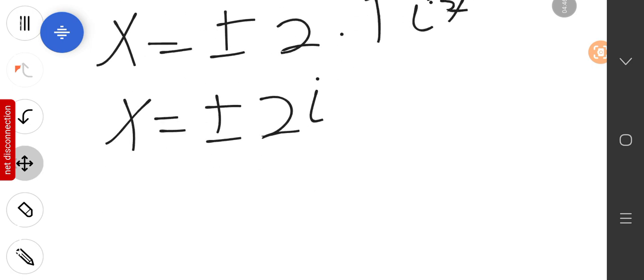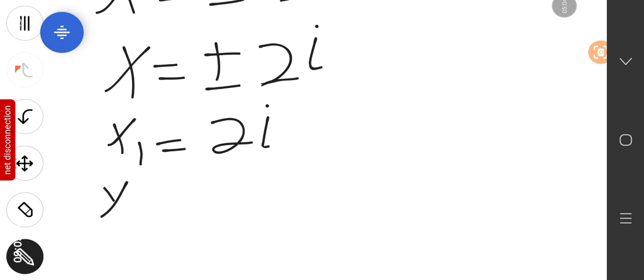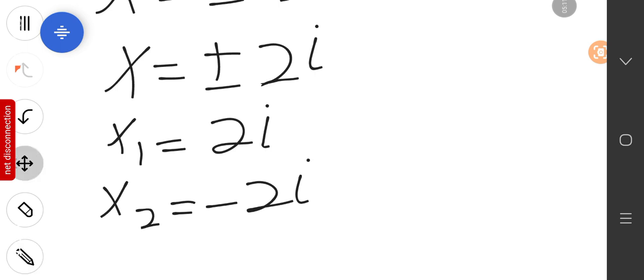This is a quartic equation, so because we are expecting 4 solutions, we name them one by one. Let's call the first solution x1 and the second solution x2. Now we are done with two solutions.